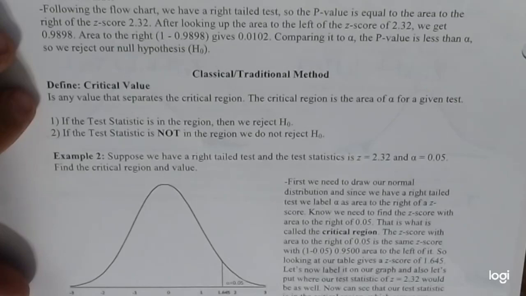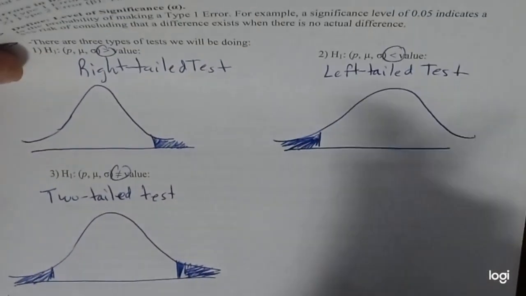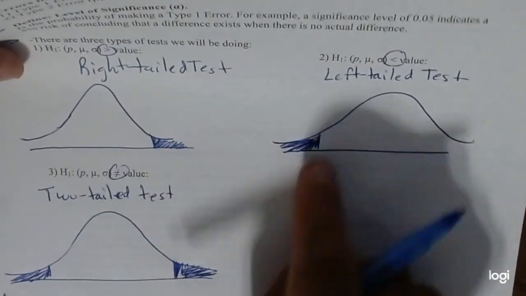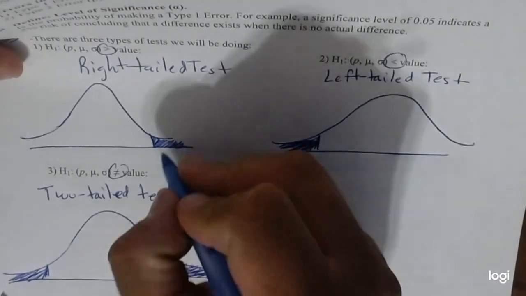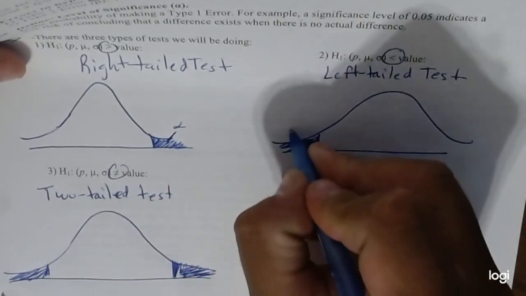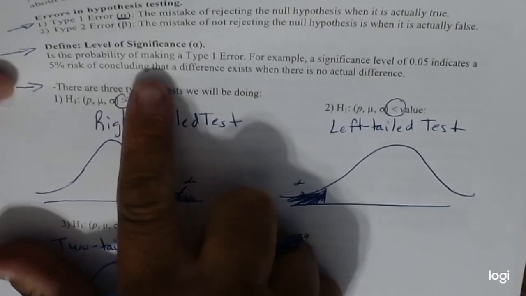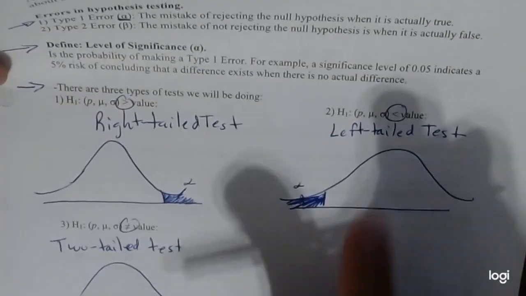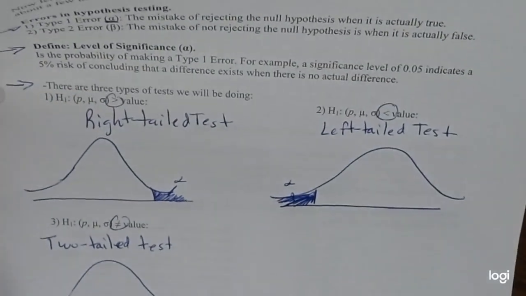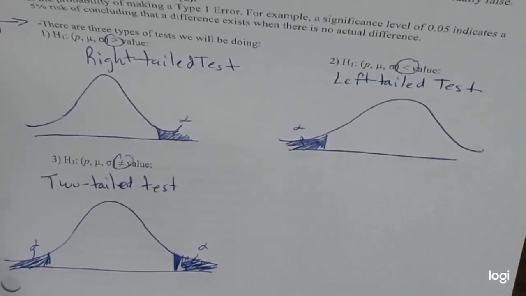The critical region is the area of alpha for a given test. So if we go back over here, these shaded regions are the critical regions. These are the alphas themselves, each individual case. The alphas are the level of significance, that 5% error, or roughly what is given to us in each individual question.